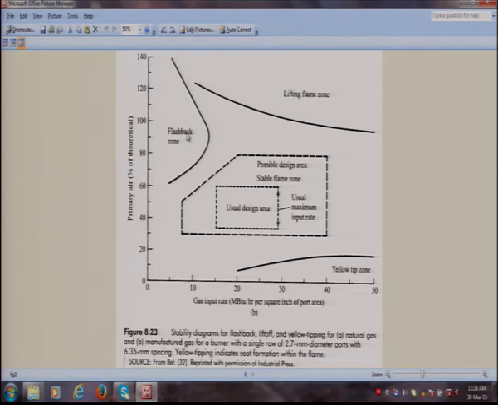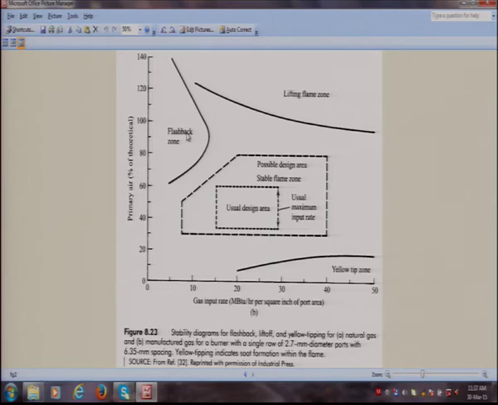This comparison is useful in the sense that you have to be mindful about the fuel that you are using. If you have fuel with hydrogen, or something which burns very quickly, then SL, the laminar burning velocity, is going to be higher, and then even for moderate flow rates through the burner, the flame might just travel back. That's why the flashback zone is more expanded.